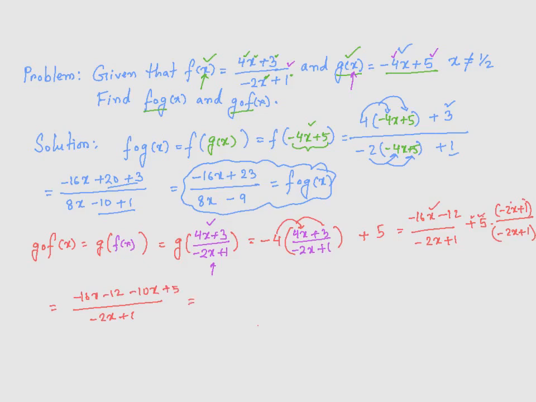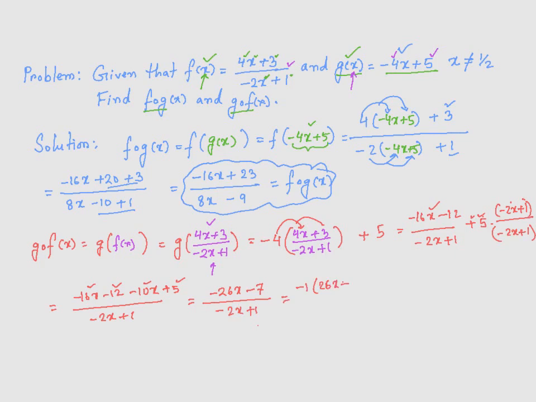If I combine the like terms, what I get in the numerator is negative 16x minus 10x is negative 26x, negative 12 plus 5 is negative 7, and then in the denominator I have negative 2x plus 1. This is technically my answer, but I'm going to factor out a negative 1 on the top so that I get something nicer looking.